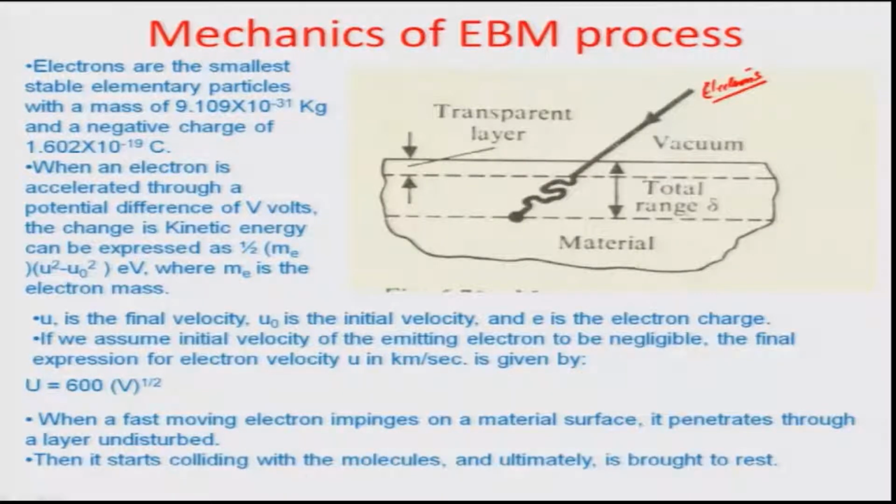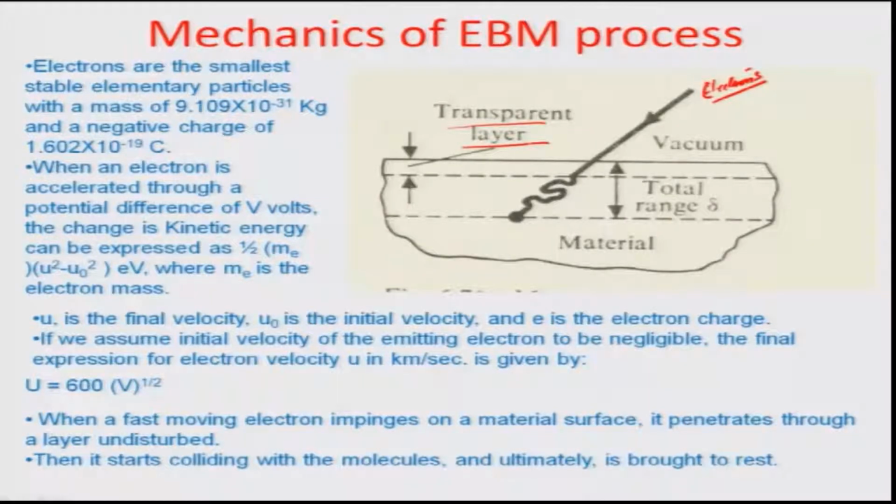These electrons fall on the material, striking the lattice structure, and there is almost always a small shell layer of the material that does not even feel that there is a beam hitting, because the electrons are so fast moving.